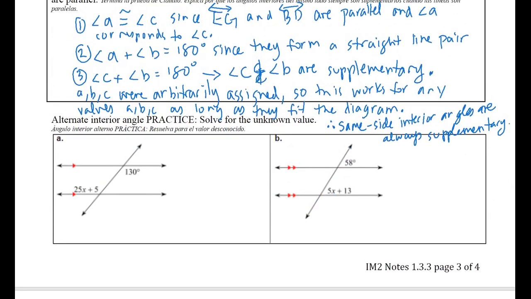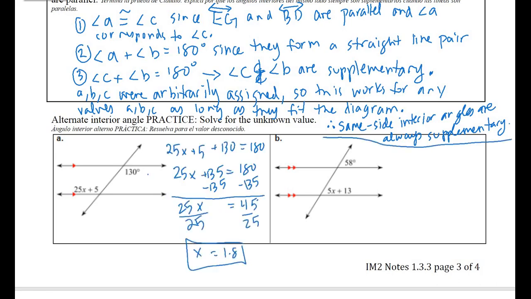Alternate interior angle practice. We're going to solve for the unknown value here. Okay. Here I have alternate interior angles. Okay. Next problem. These are not alternate interior angles. These are corresponding angles, and therefore they are congruent. So I'll set the two expressions equal to one another. 5x plus 13 equals 58.